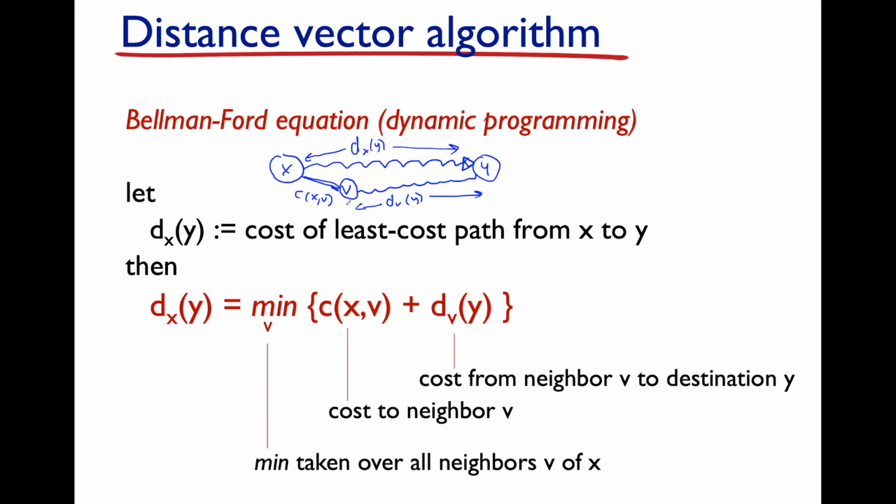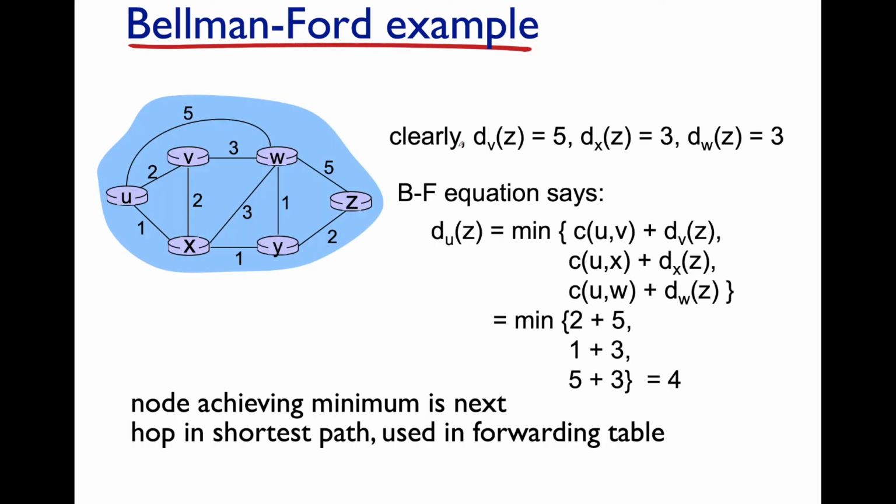The cost of the new path is the cost of this link between me and my neighbor, plus the distance vector for getting from v to that destination y. And it does that for each one of the neighbors v that I might have. So I'm going to take that neighbor that minimizes that sum, or if that minimum distance is my old path, I'm going to keep that. Okay, so that's what the Bellman-Ford update does.